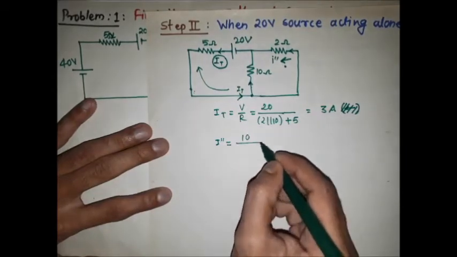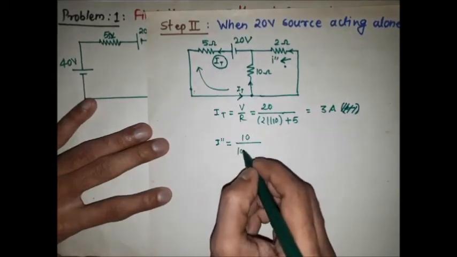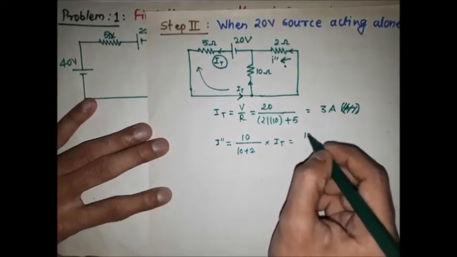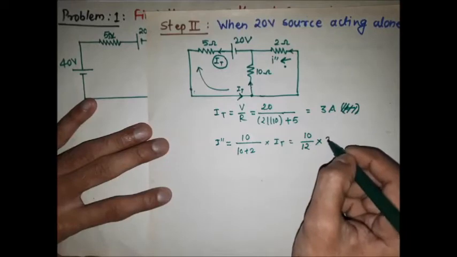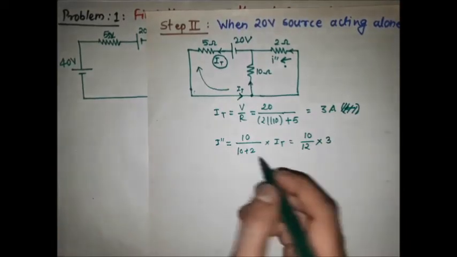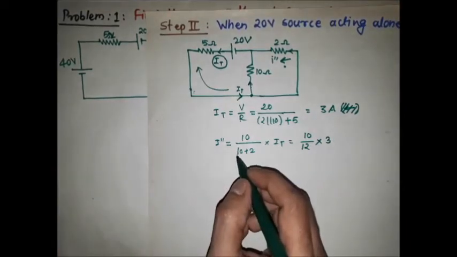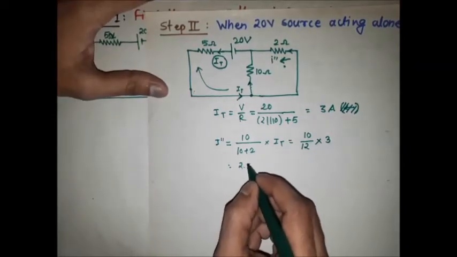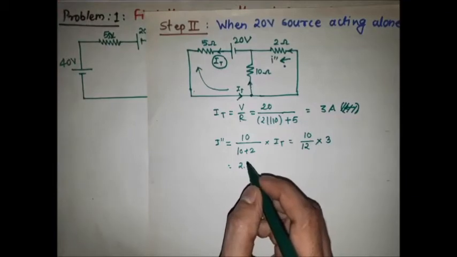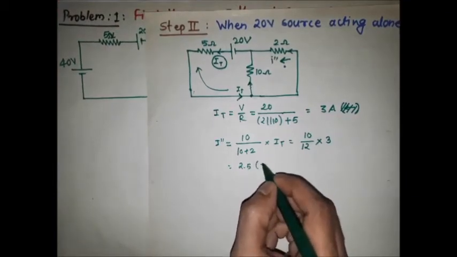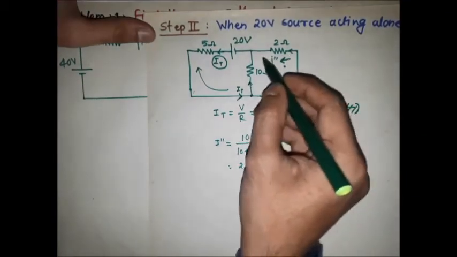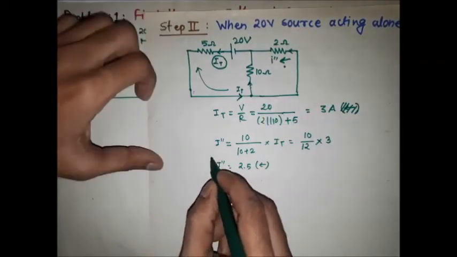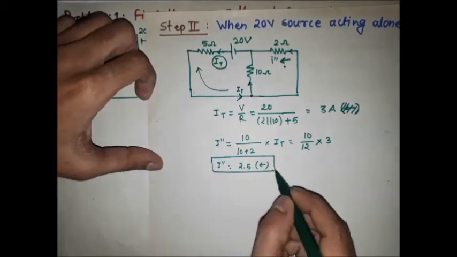So 10 divided by 10 plus 2 into the total current, which is 10 divided by 12 into 3. So I double dash which we are getting is 2.5, and its direction is to the left hand side because the current flowing through the resistor is to the left hand side. So I double dash which we have found here is 2.5 and the direction is to the left hand side.